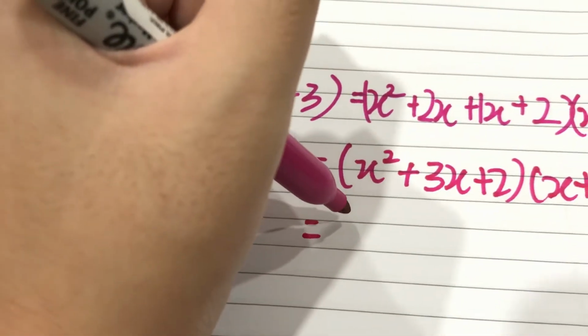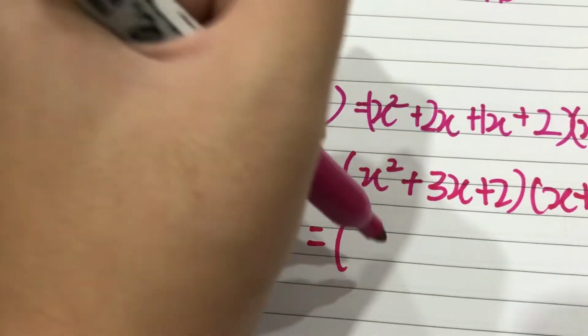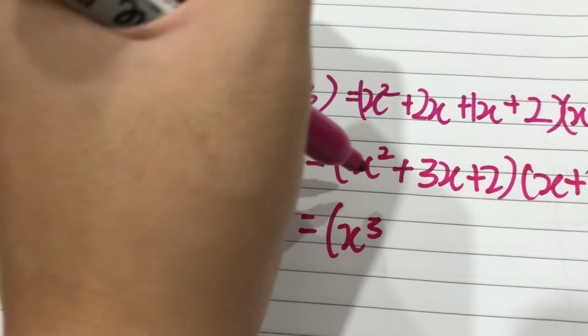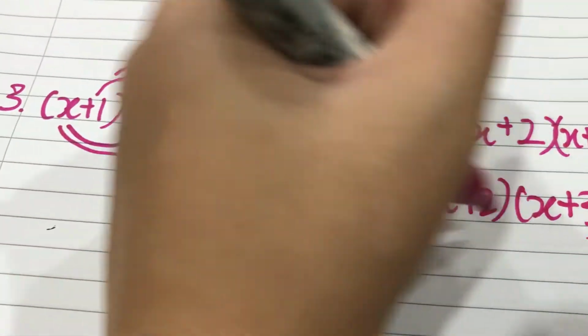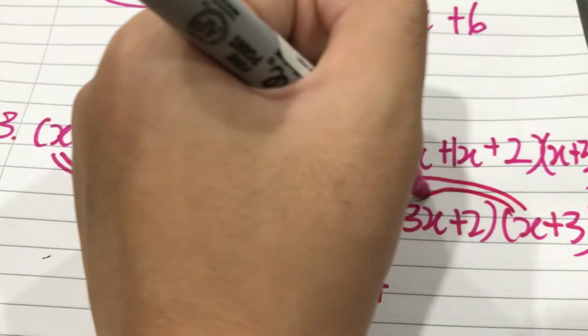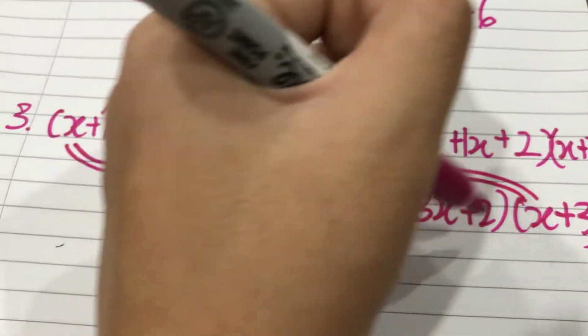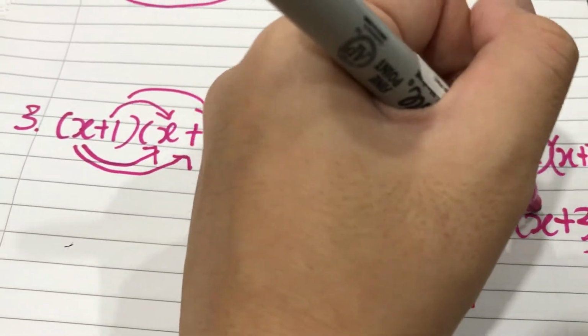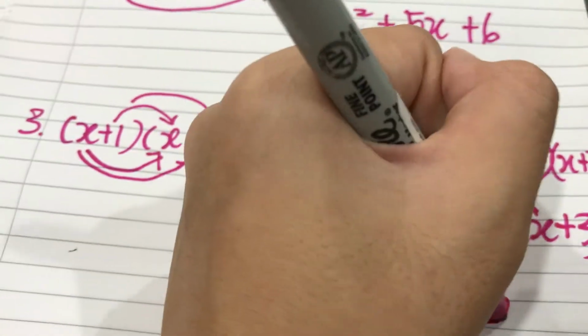Equals to, we simplify this, we get x cubed plus x cubed. Then x will have to times 3 again, then we get 3x squared plus x times 2, 2x.